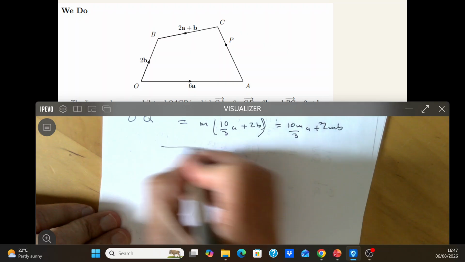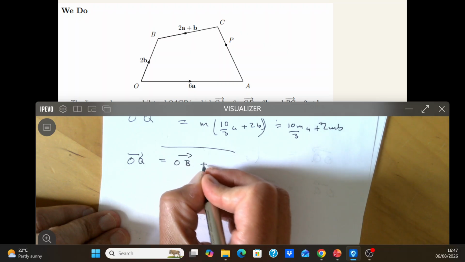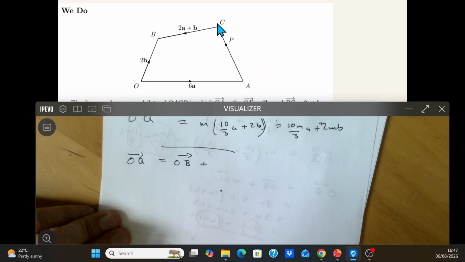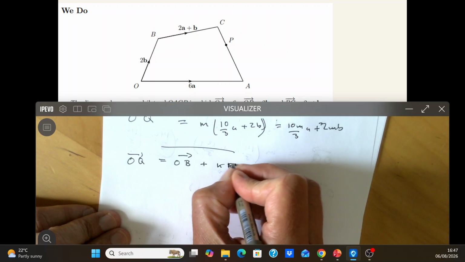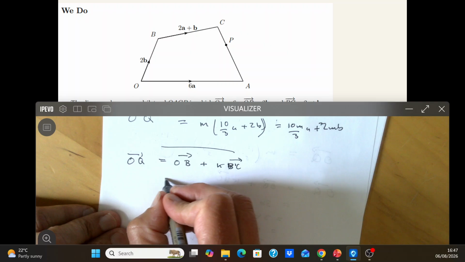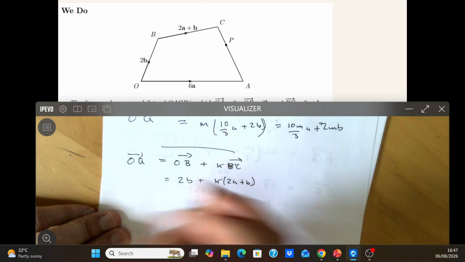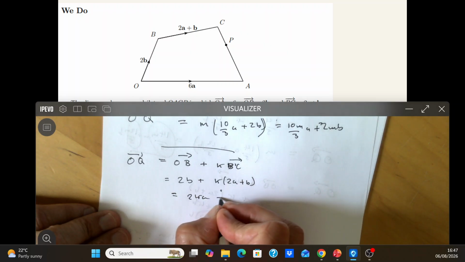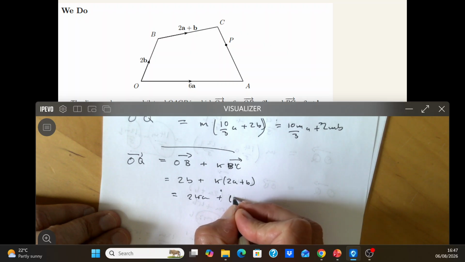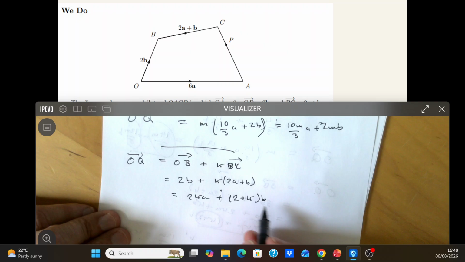What's your other vector path going to be? It can equal OB plus some lots of BC, because it's on that line. So I'm going to call that K again. Expand that out, do your bits and pieces in terms of A's. What do we need to do now with these two?